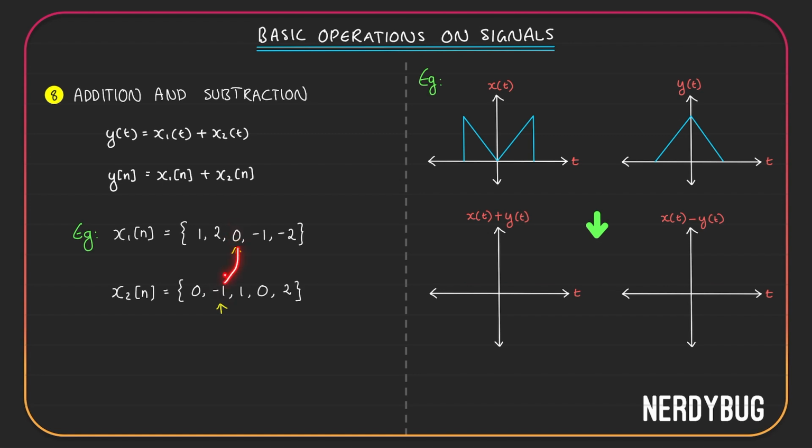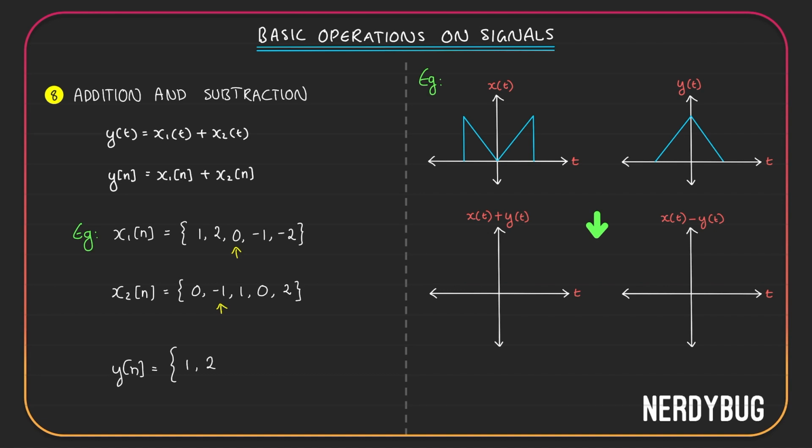So you have to add both of them. These are the 0th terms. These two are the first terms. These two are the second terms. So when you add, you get y of n, which is the sum, will be, you have a term corresponding to -2 here. We don't have 1 here, so we'll just add 1 plus 0, that is 1.